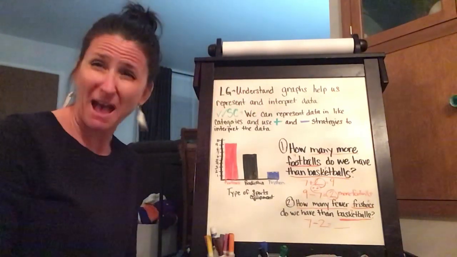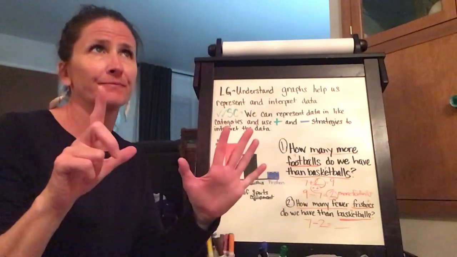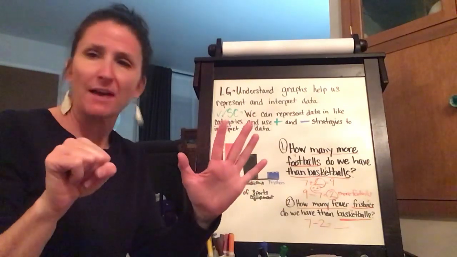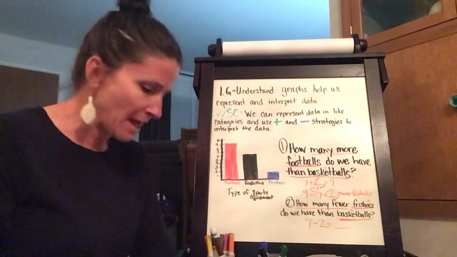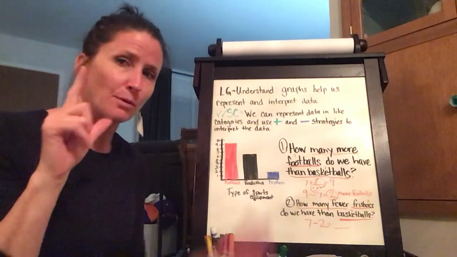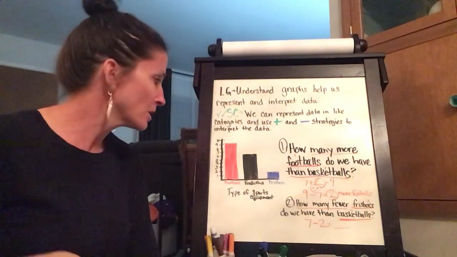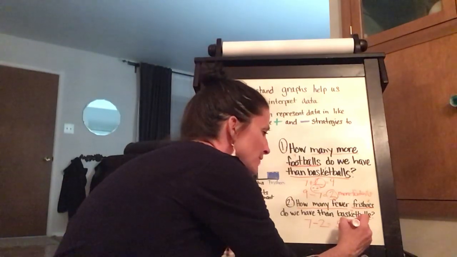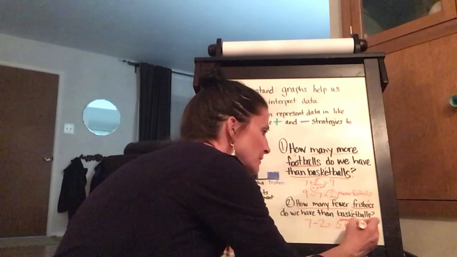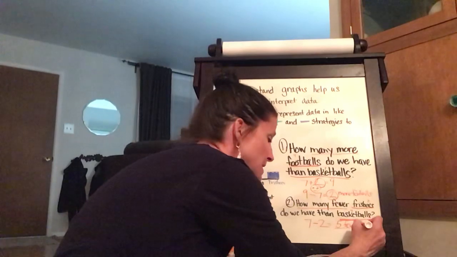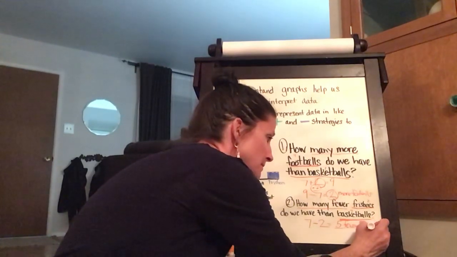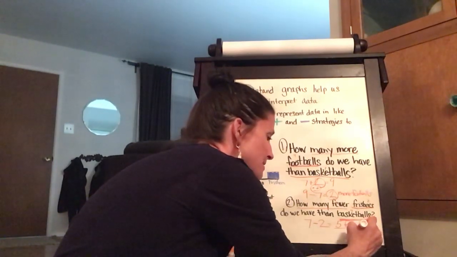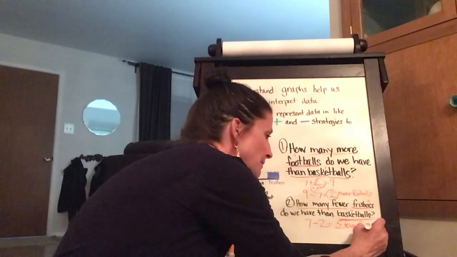I can also count back: 7, 6, 5. I could count back either mentally or using my fingers. So 7 take away 2 is 5. So I have 5 fewer frisbees than basketballs.